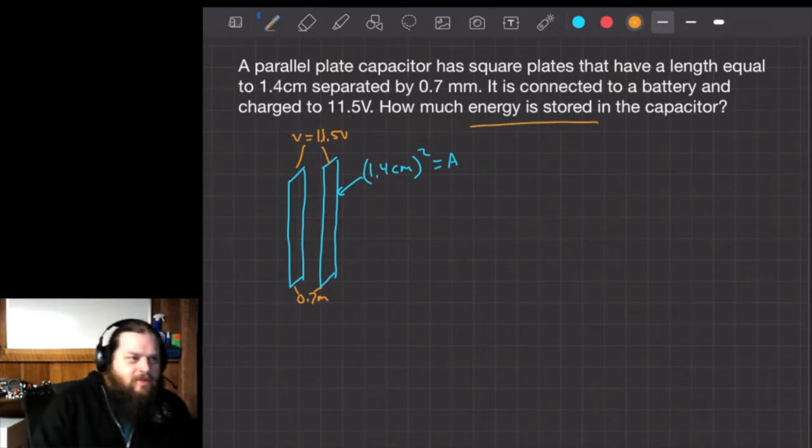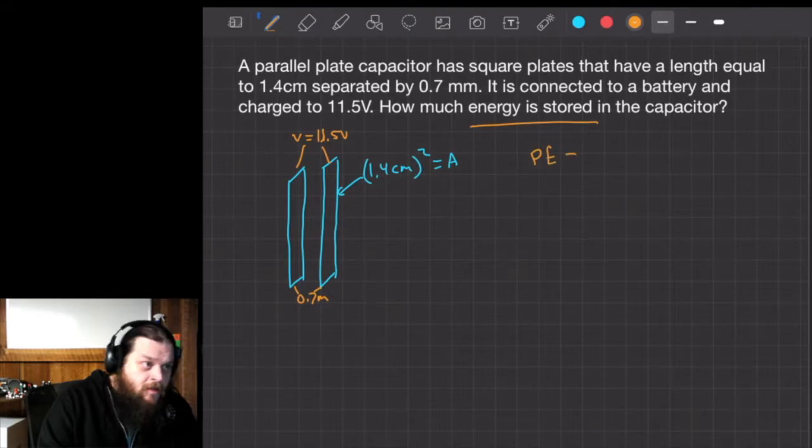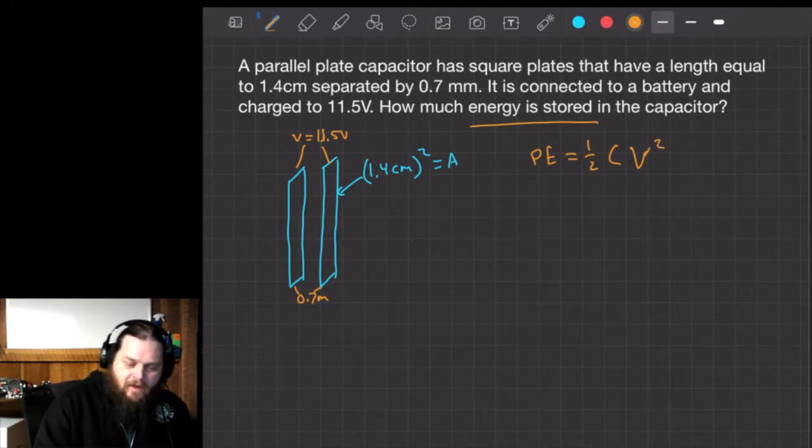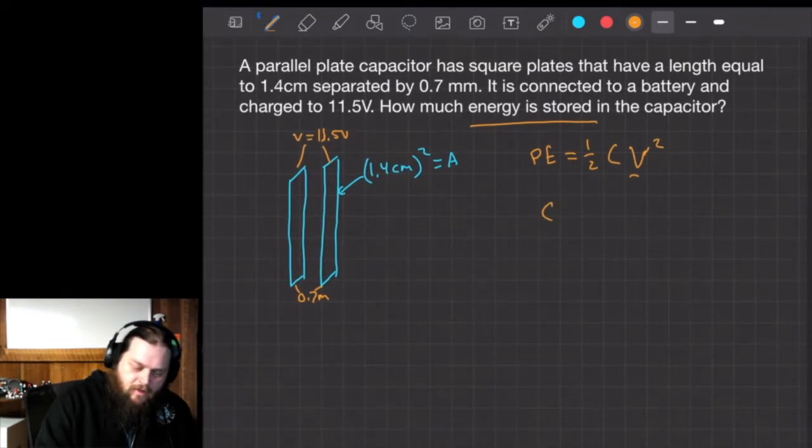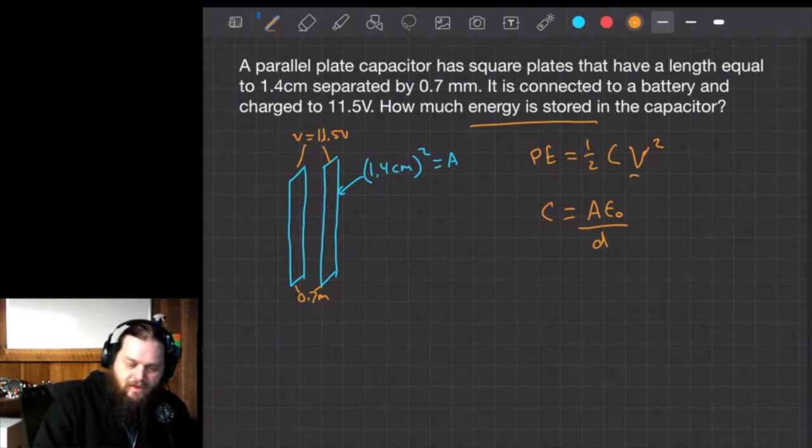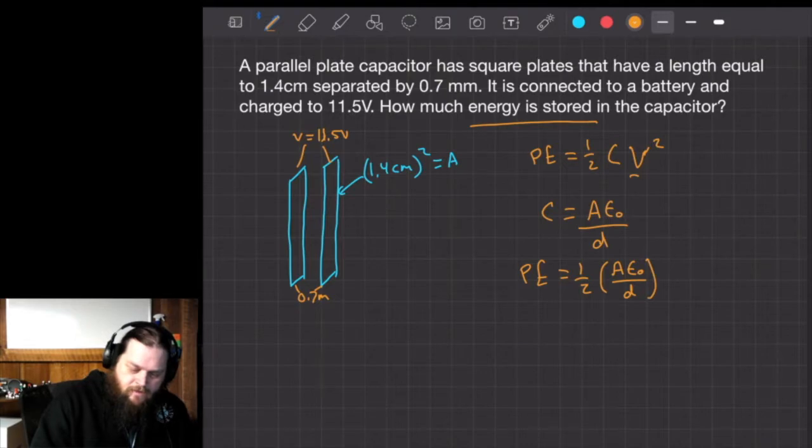And we said the potential energy is equal to 1/2 times the capacitance times the voltage squared. But we have to find out first, because we know the voltage, that's given, but the capacitance can be found because that's equal to the area times epsilon naught divided by the distance. So plugging this in for C, the potential energy is going to be equal to 1/2 times that area, epsilon naught, divided by the distance, times the voltage squared.